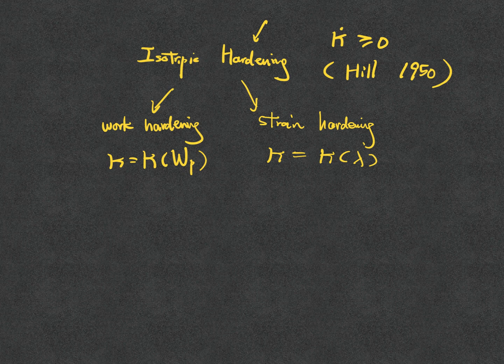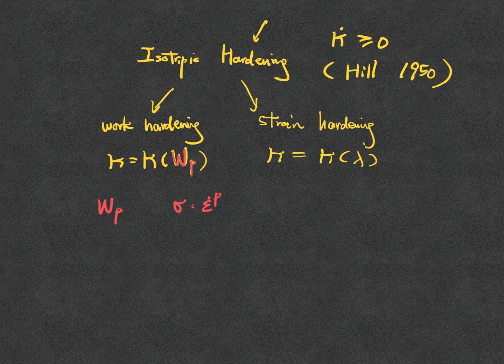Okay, but we haven't defined the plastic work. So what is this? Plastic work itself comes from the dissipation, which has sigma double dot epsilon dot p, the scalar product between the Cauchy stress and the plastic strain rate.